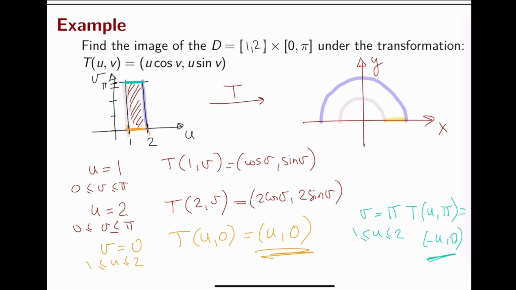So again, the segment is also transformed into a segment of a line, in this case (minus u, 0), when u varies between 1 and 2. So we're going to get this segment here, where this number is minus 2, this one is minus 1, this is 1, and this is 2. So the whole transformation of this rectangle is this region here.